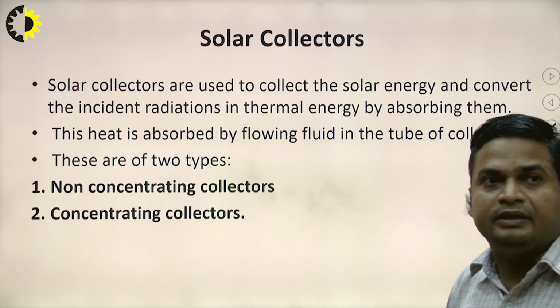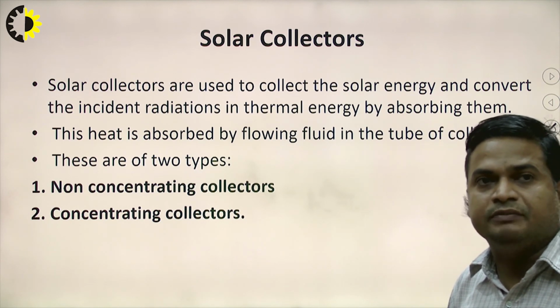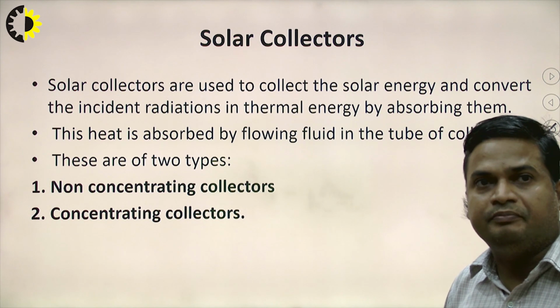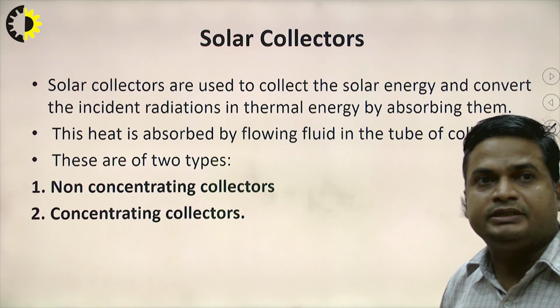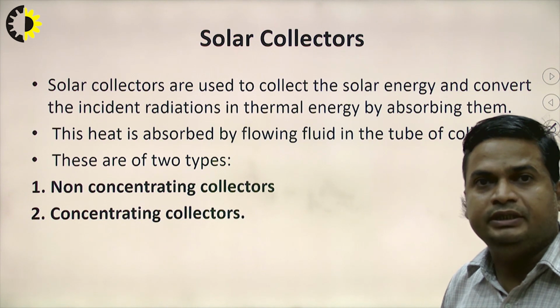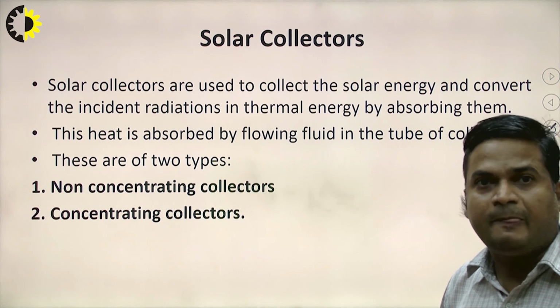Next is solar collectors. Now when we are talking about the solar system, there are different components and applications. The different components have different roles and are an important part of the whole solar system. Solar collectors are used to collect solar energy and convert the incident radiations into thermal energy by absorbing them.